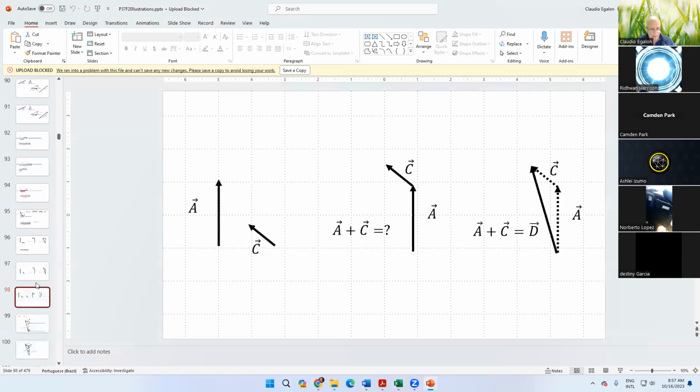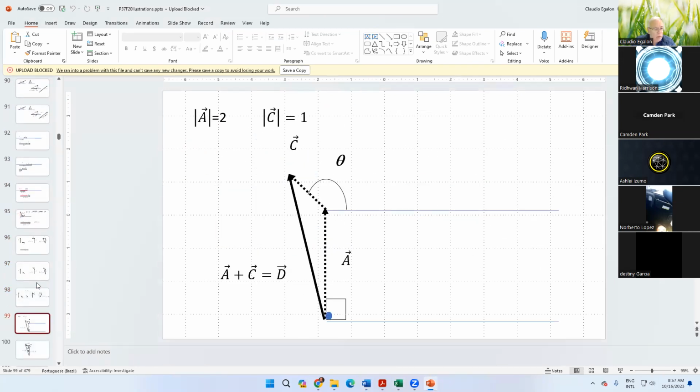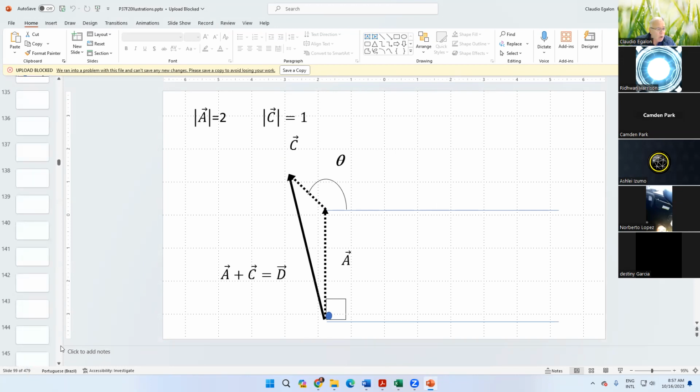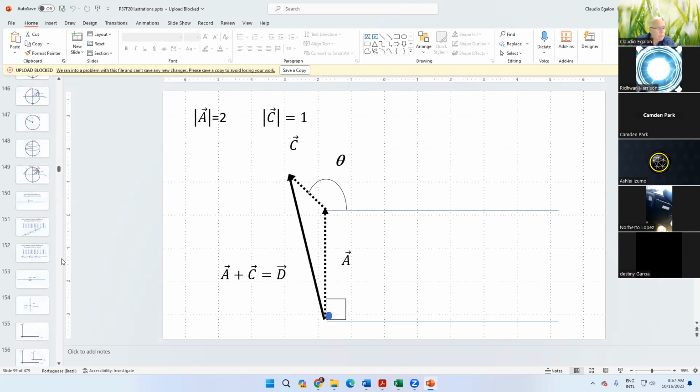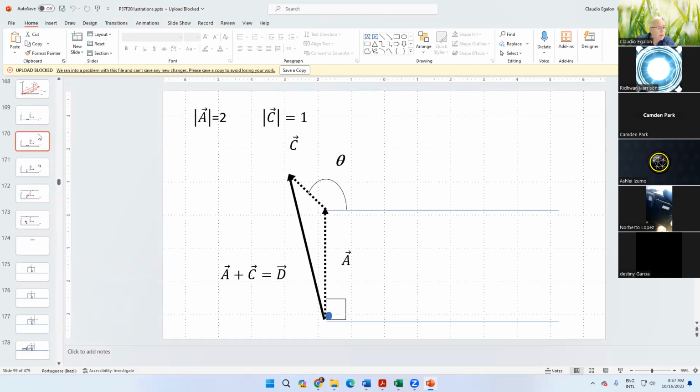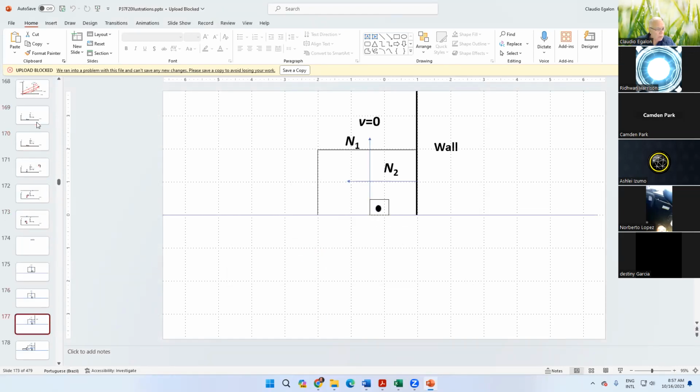Okay, let me give you a few more examples. Not just the law, but also the free body diagram. Free body diagram is very important. Here you go, that's the free body diagram.